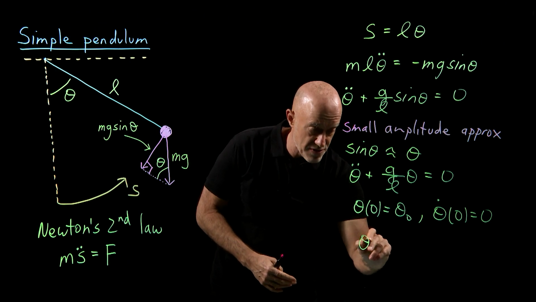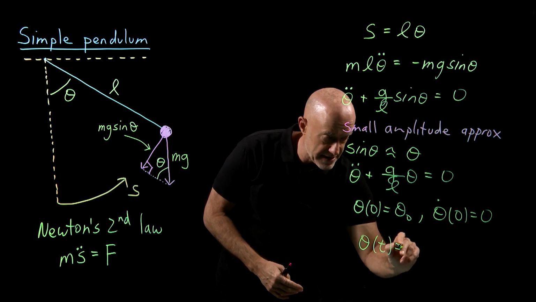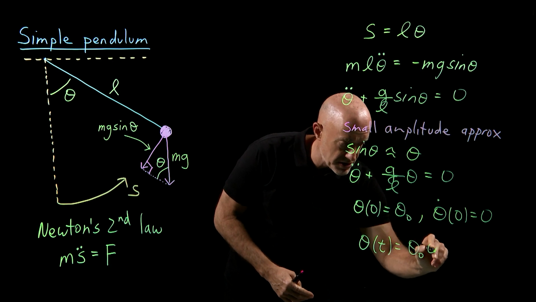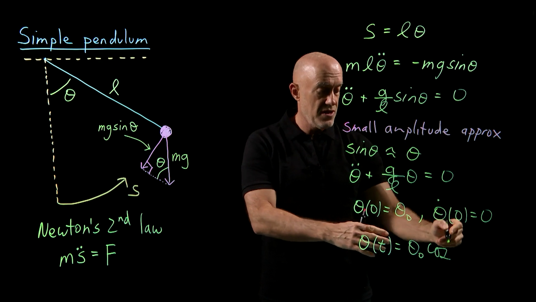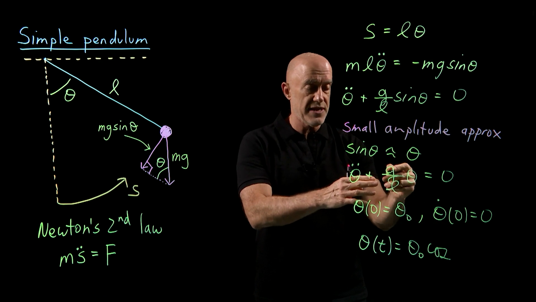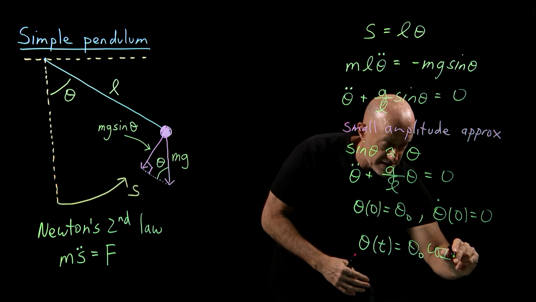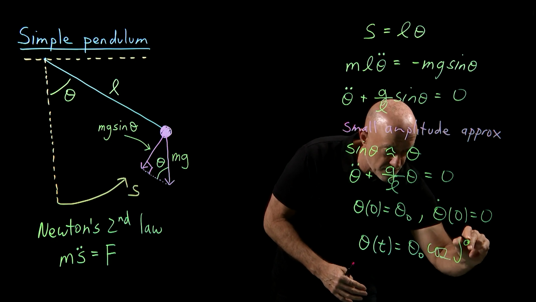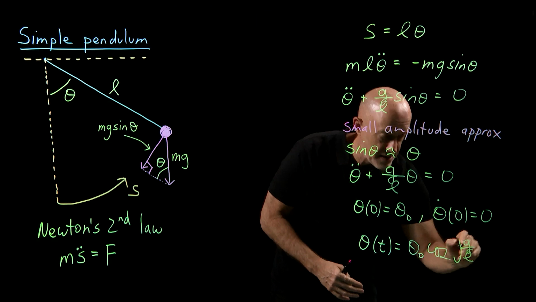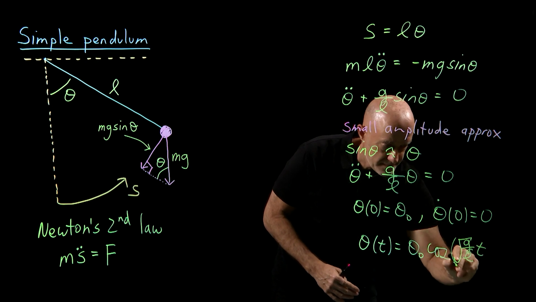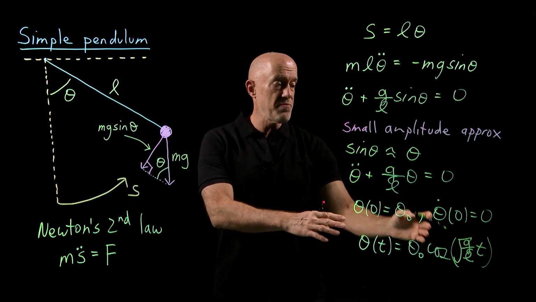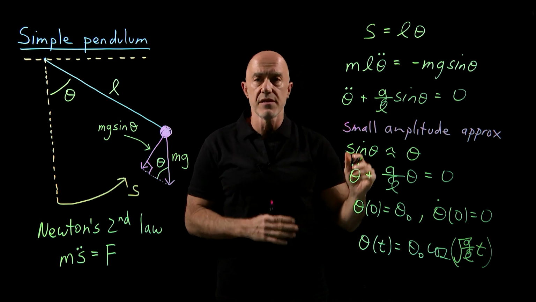So then we end up with theta of t is equal to theta naught cosine. The second derivative of cosine will bring out two factors of the argument to get g over L. So inside the cosine, there should be a square root of g over L times t. Okay? And that would be the solution of this equation.